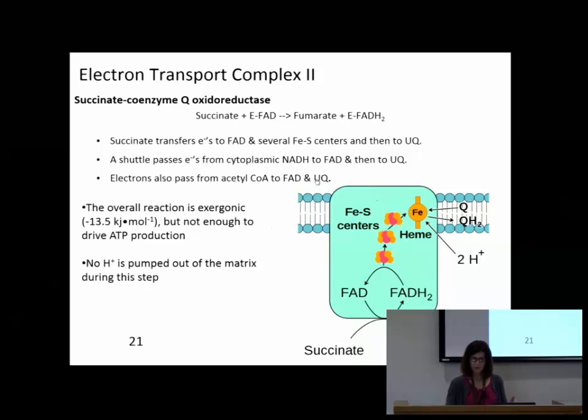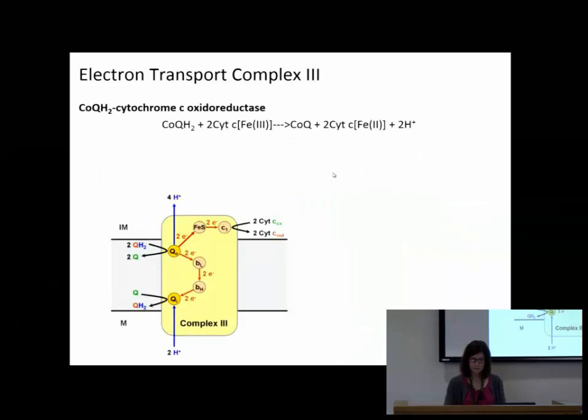So the first complex had enough free energy. This one is the only complex that doesn't provide enough free energy to pump protons. This is the only one that you cannot pump protons. Complex 3. This one is not a great picture because it's too busy. Complex 3, there's more to complex 3 than what we're going to talk about.